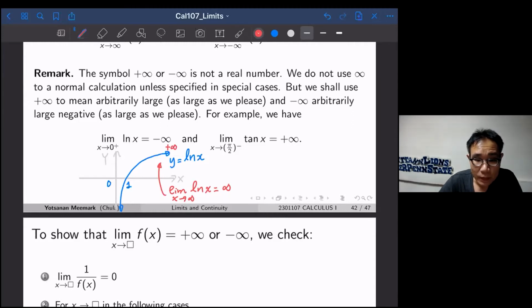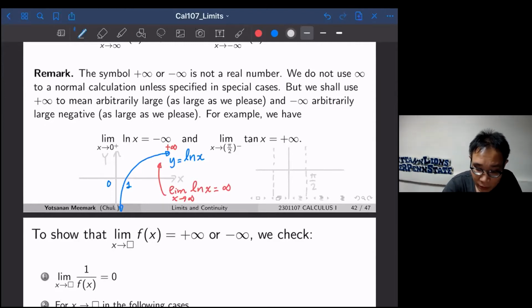Okay, and you have limit x goes to pi over 2 from the left. Let's recall pi over 2. You have pi over 2 and negative pi over 2.